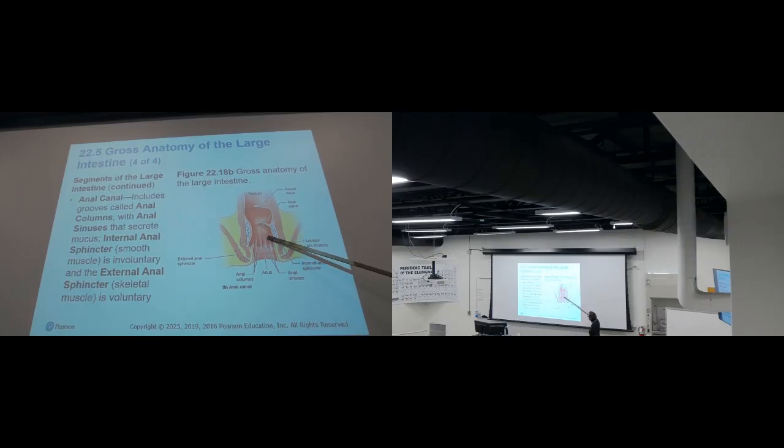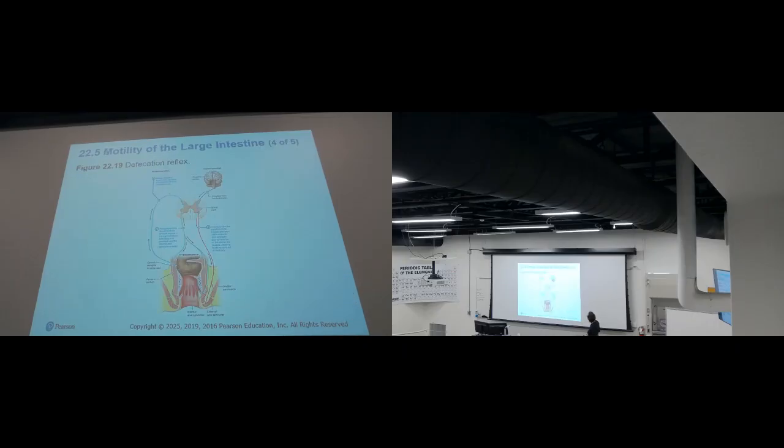Then, of course, in the last part of the simple columnar epithelium, we have all of these glands that secrete mucus. So for the defecation reflex, we have stretch receptors that send the signal from the anal canal into the spinal cord at the sacral region.